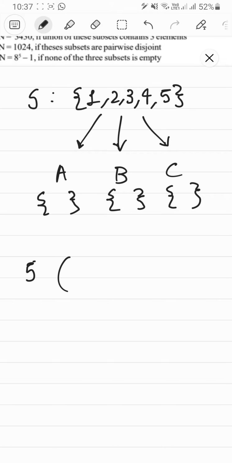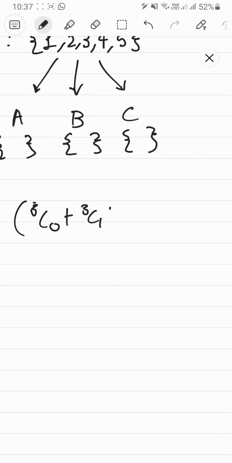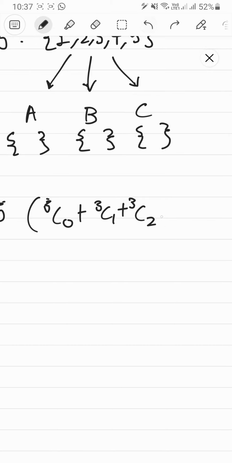The way to do that is just 3C0. Or it could go to one of these subsets, so that would be 3C1. Or it could go to 2 of these subsets, which can be done in 3C2 ways. Or it could go to 3 of them, but that's something that we don't want. So no, that won't be there.